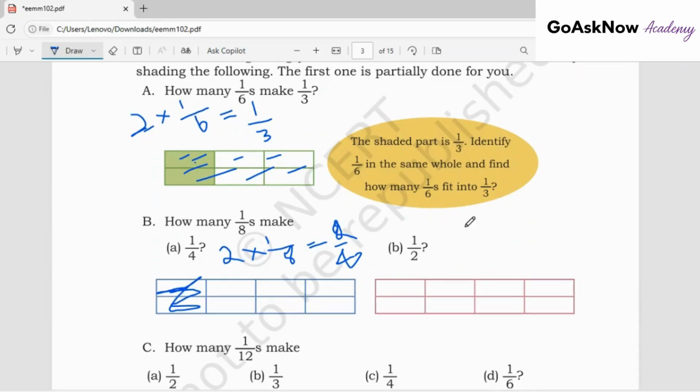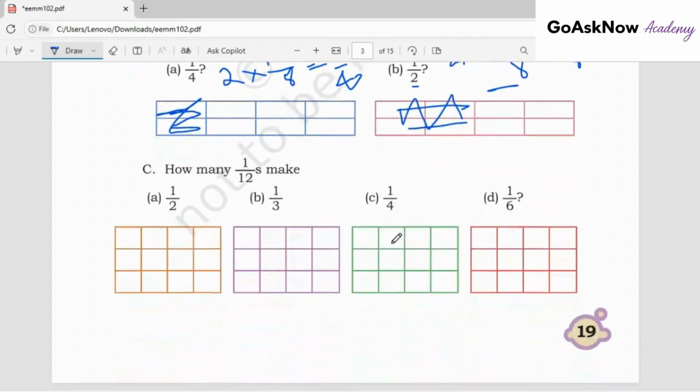After that, 1 by 2 means 4 into 1 by 8 is equal to 4 by 8. We have to shade 4 boxes. How is the 4 obtained? 2 into 4 is 8. That's why we calculate that one.